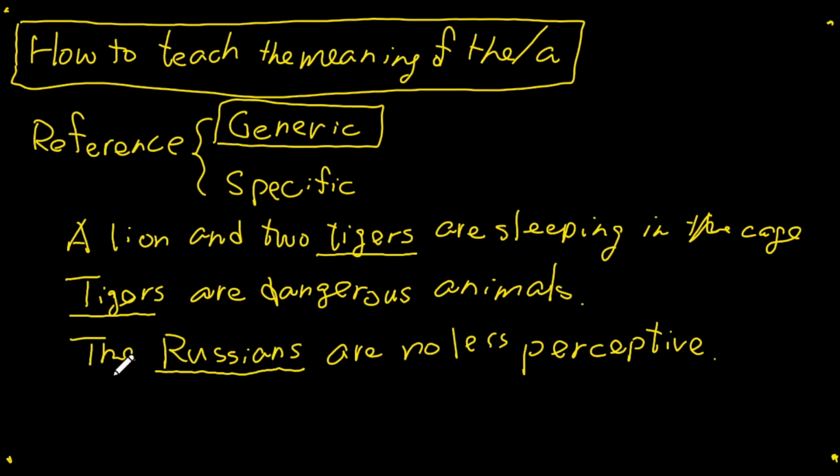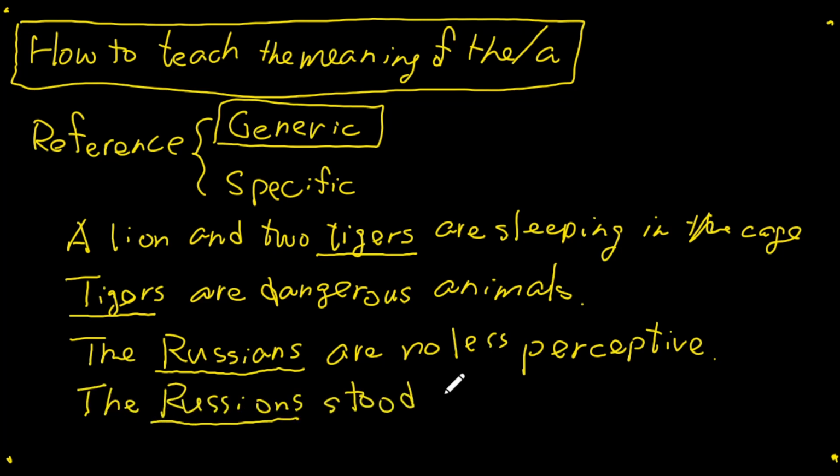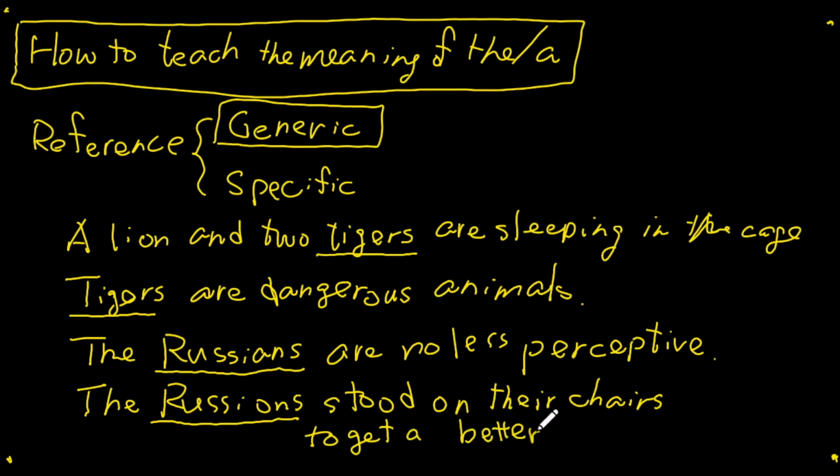And another example: the Russians stood on their chairs to get a better view. On the other hand, this is specific reference, where you are specifically referring to a particular thing, here particular Russians, a person or group. We call this the specific one.